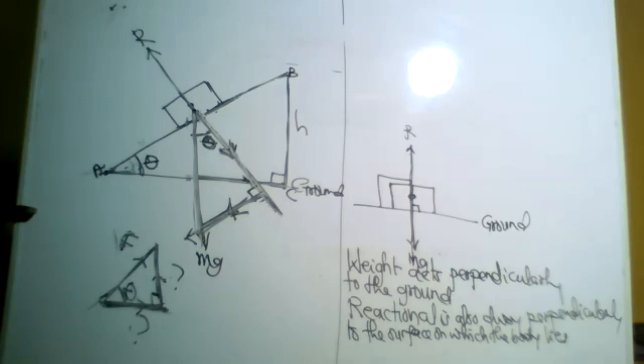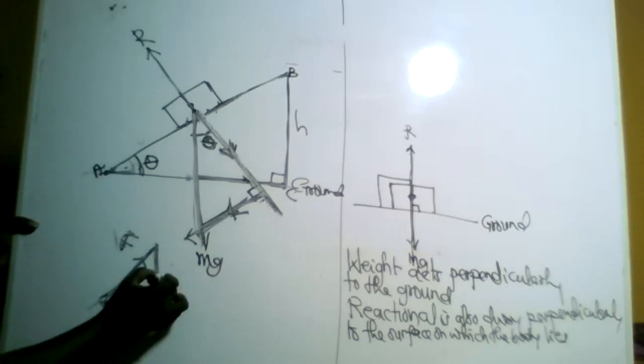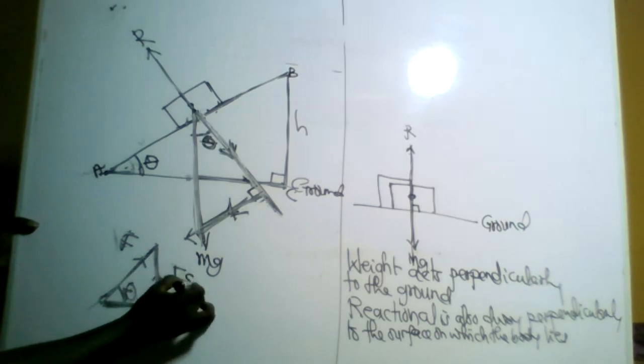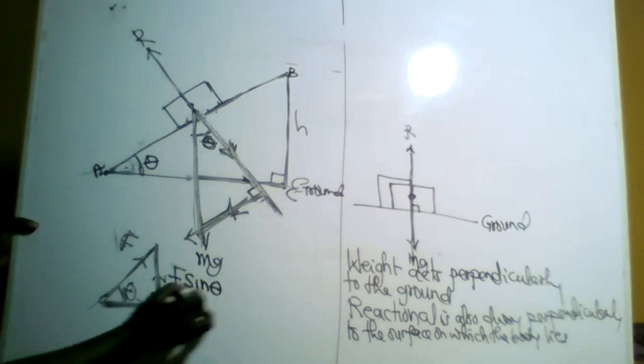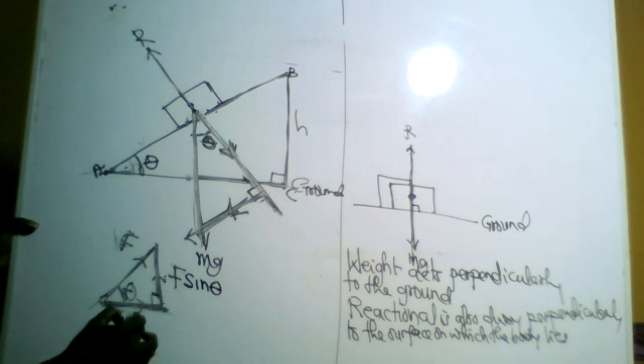So this component, the opposite, is F sine theta. The adjacent will be F cos theta.